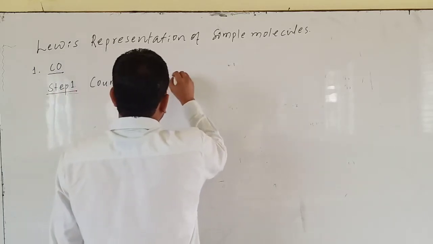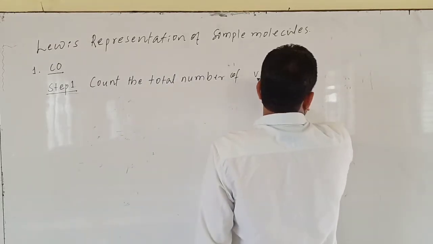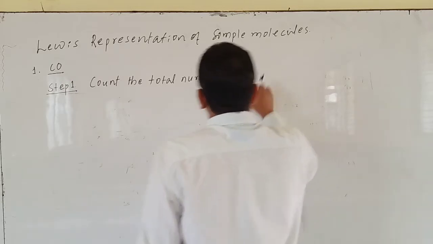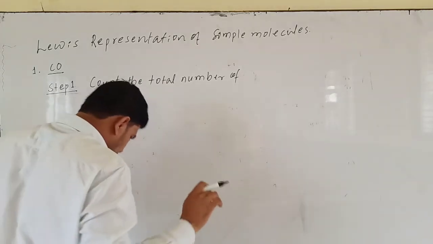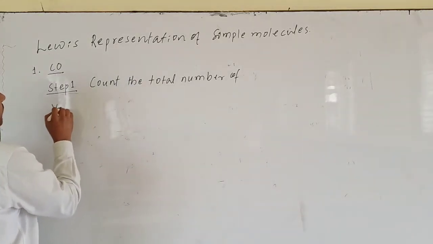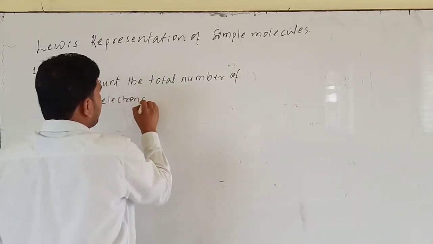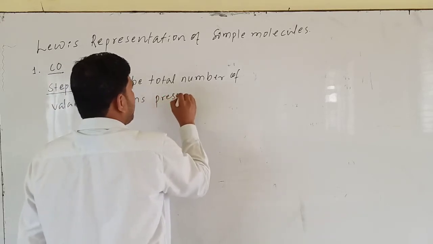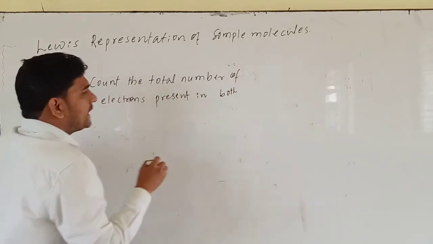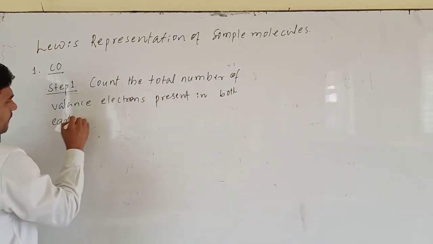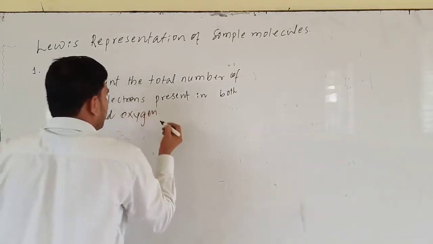total number of valence electrons present in both carbon and oxygen.